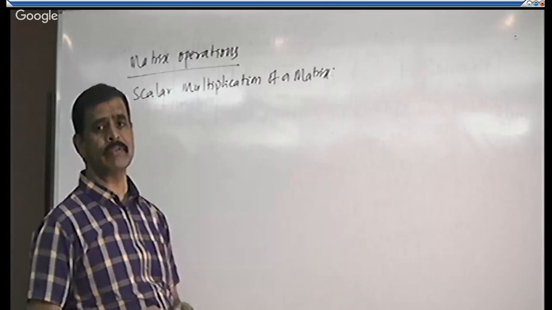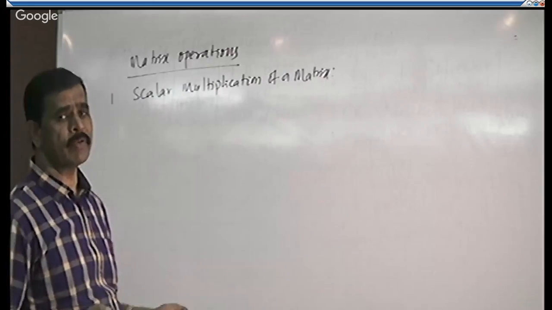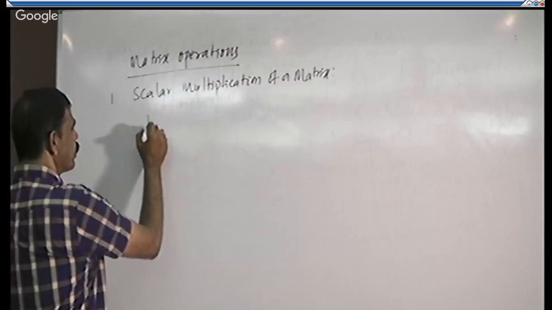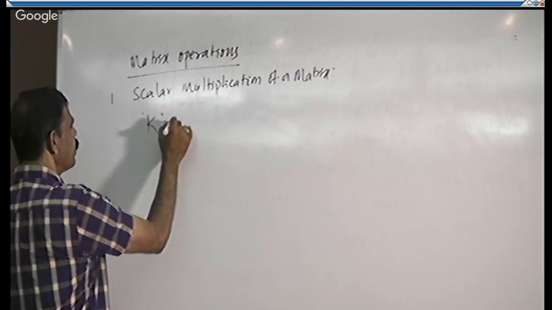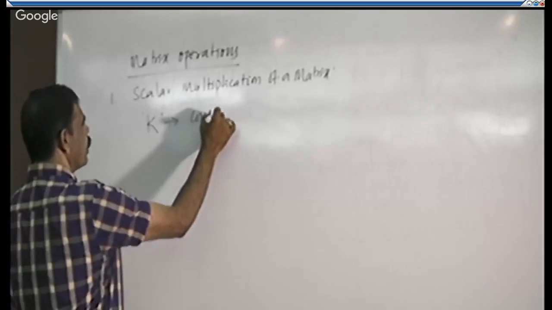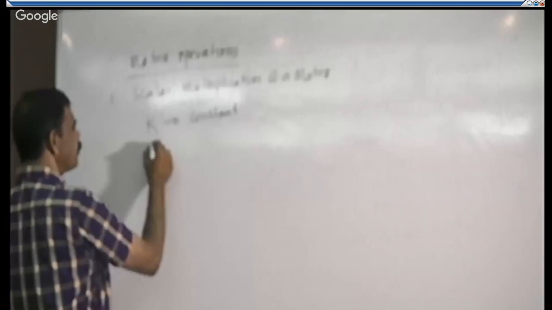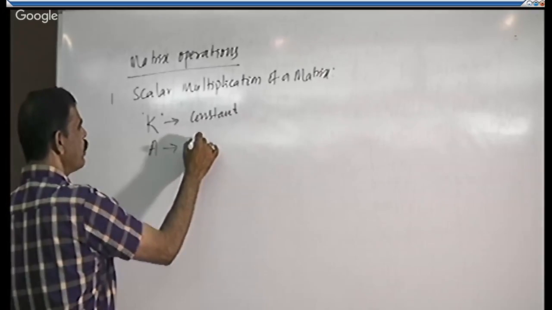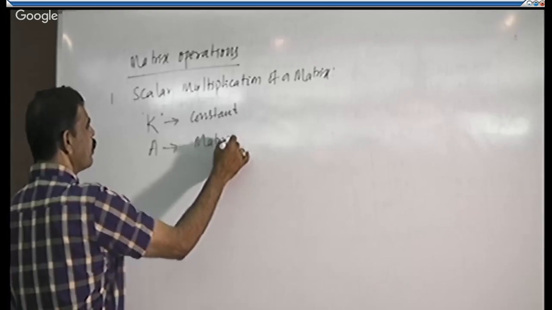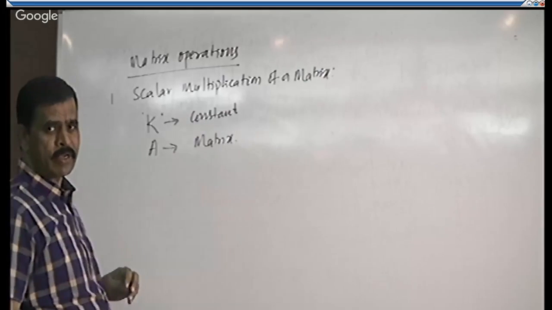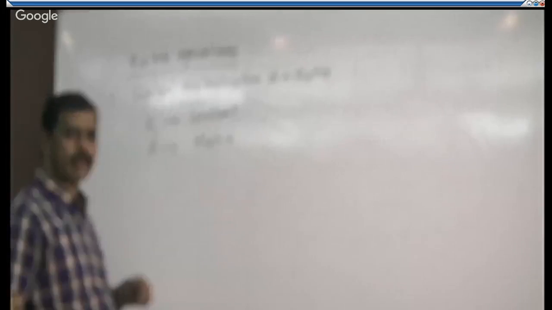It is known as scalar multiplication of a matrix. Let us take K as any constant and A as any matrix.